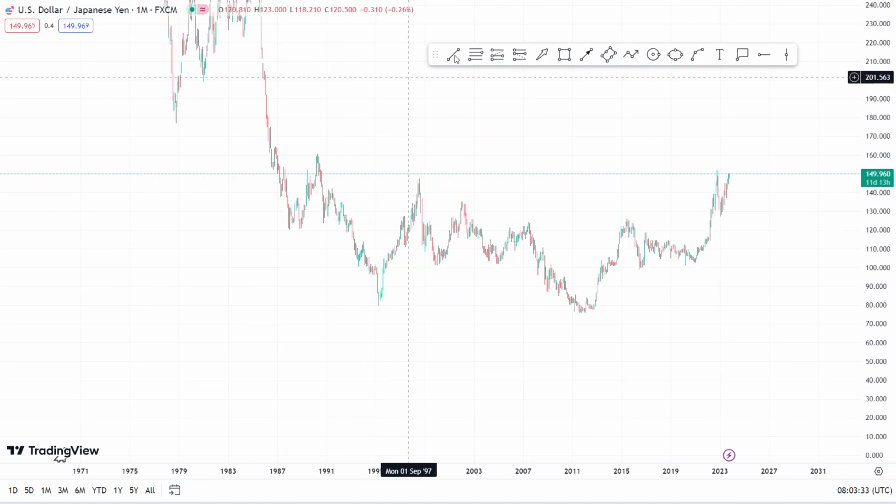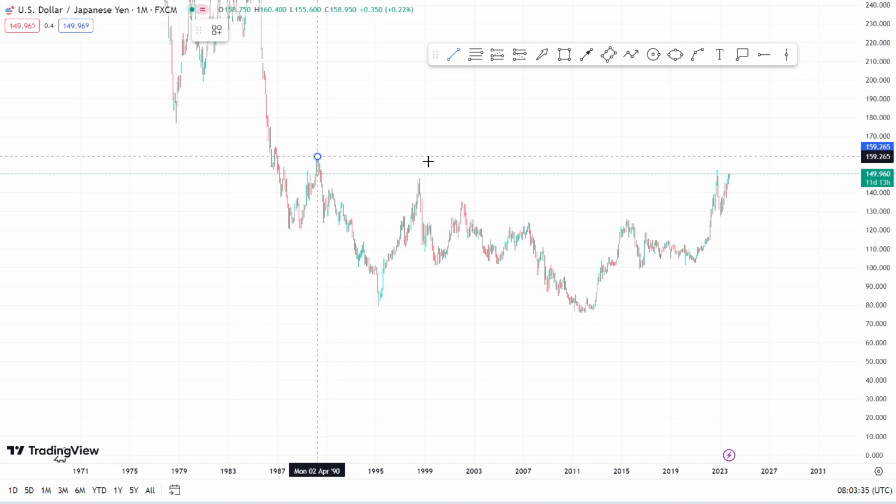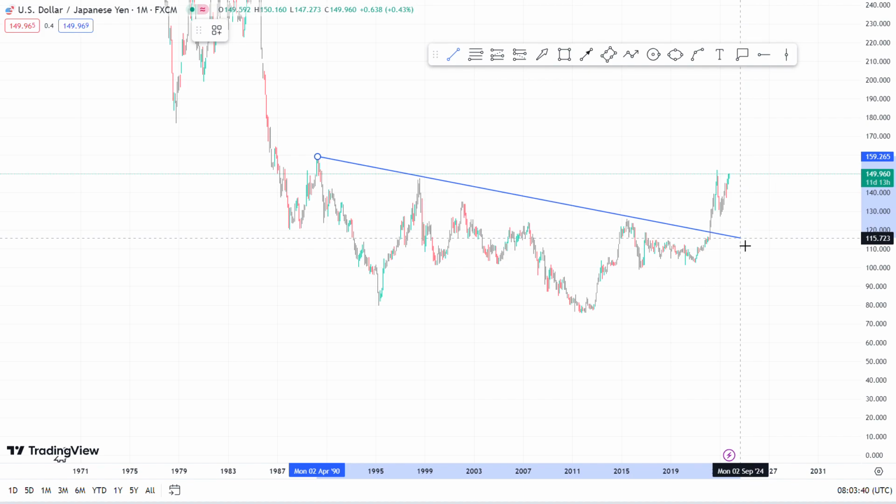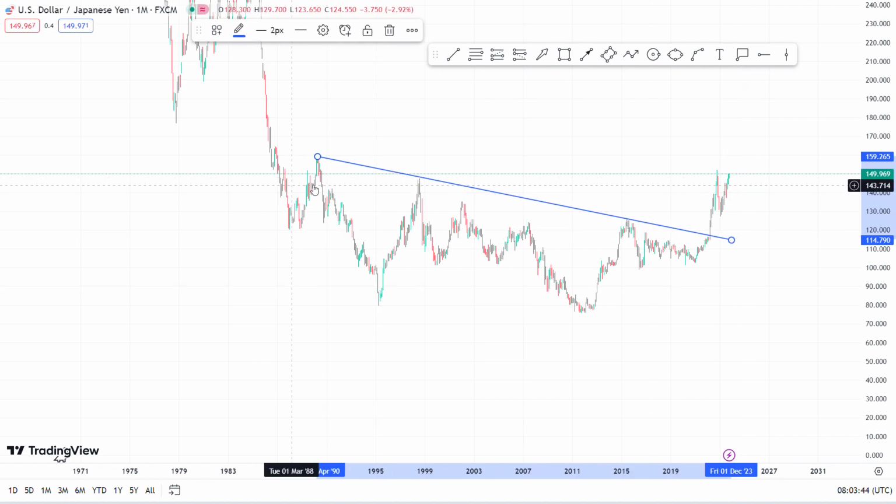Okay, so when you draw something like a trend line, you can realize that the market was downtrending here, meaning starting from 1990 to, can it be 2022?